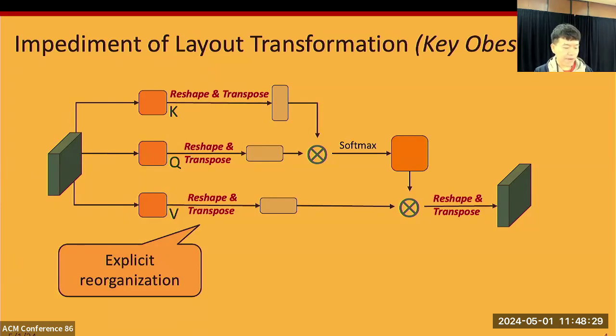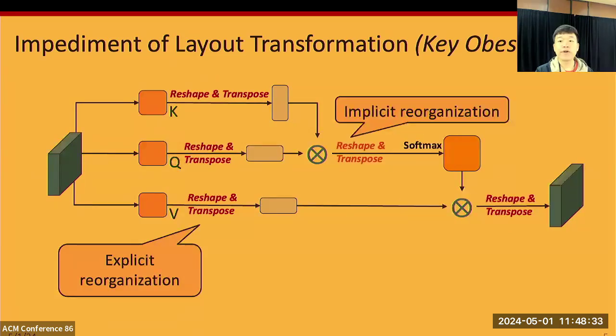And the second one is what we call implicit reorganization. It exists because different operators have different preferences. For example, still using convolution as an example, they may prefer NCHW or NHWC, which are typical data formats used by existing frameworks. And matrix multiplication may prefer something like NCH4 or a different layout.